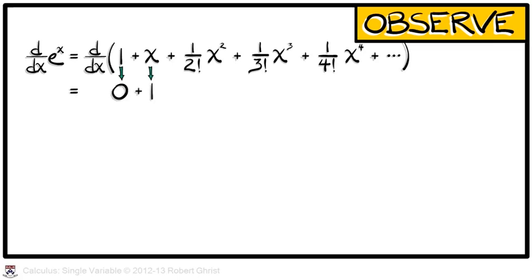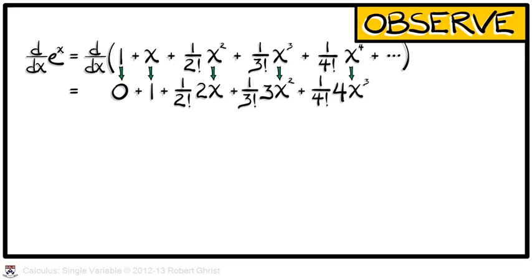The derivative of x is clearly 1. What is the derivative of 1 over 2 factorial times x squared? Well, it's 1 over 2 factorial times the derivative of x squared, which is 2x.